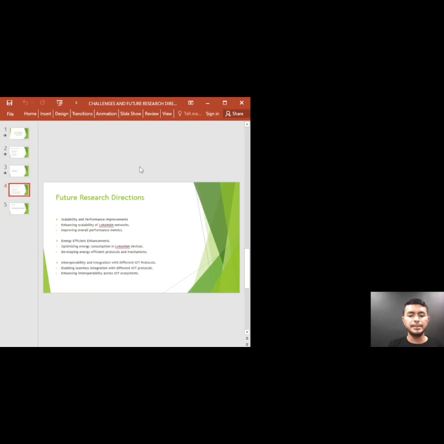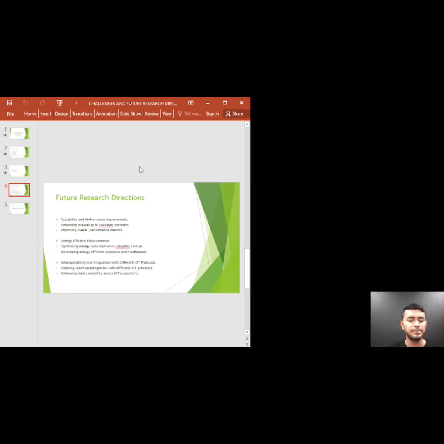To explore ways to make LoRaWAN networks support more devices and handle higher traffic loads, this may involve improving network protocols using advanced scheduling algorithms and understanding how network density affects performance. Next is energy efficiency enhancement, which is to develop strategies to make LoRa and LoRaWAN devices use less energy and extend battery life.